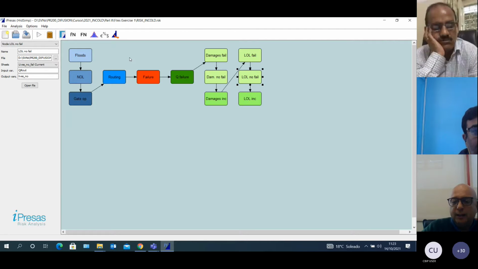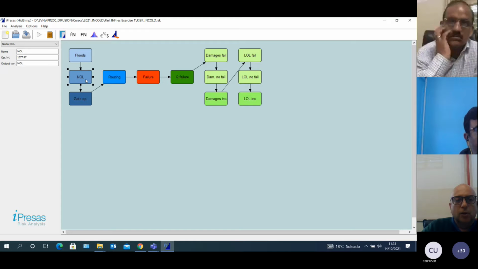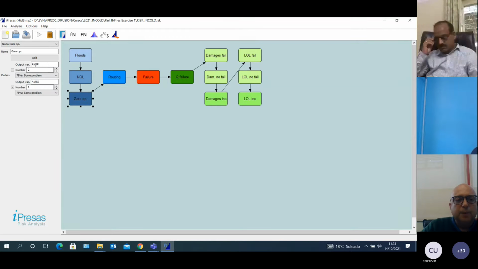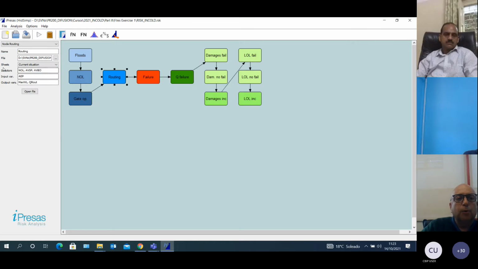So we are basically prepared for running the risk, but I'm going to go once more everywhere to double check we are right. Floods, 1 to 100,000. Normal operating level, 1077.97. Gates, ABSP 2, 75%, ABBO 1, 75%. Routing, SIT, current situation.